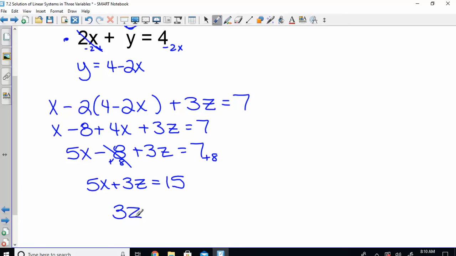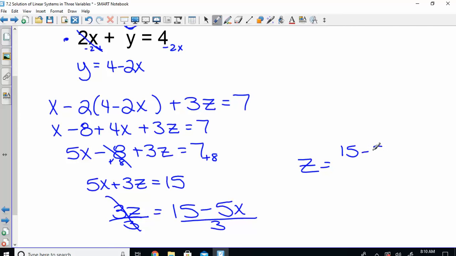We're trying to solve for z, so subtract over the 5x. And then final step to get z by itself, divide by 3. So my z is 15 minus 5x all over 3.